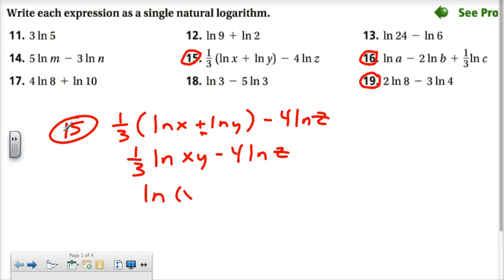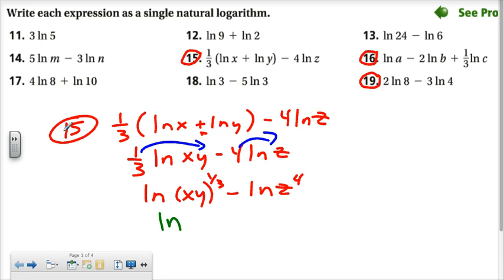So natural log of both x and y, we have to make sure we get both those pieces in there to the 1/3 power minus, and then we have natural log of z to the 4th by putting the multiplication back up as a power. Now, a couple of things we need to do here. First off, I have that 1/3 power, and I don't want to forget that that's actually cubed roots.